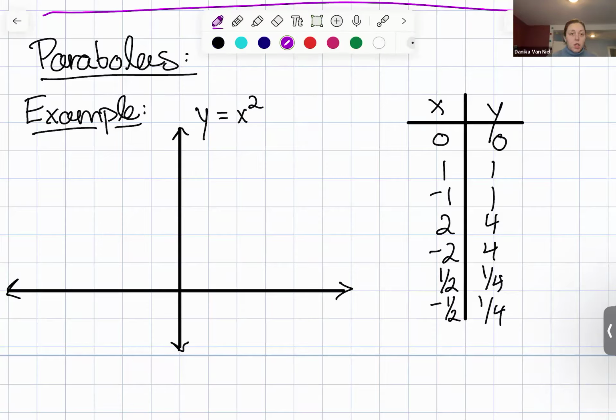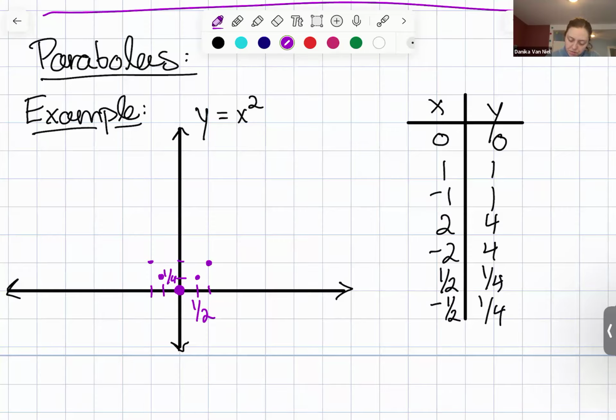Okay, so some of the points that we got here were 0, 0. We also got 1/2, 1/4. And negative 1/2, 1/4. We got 1, 1.